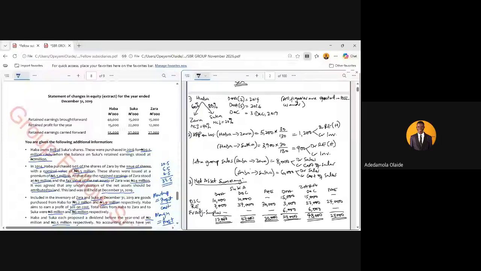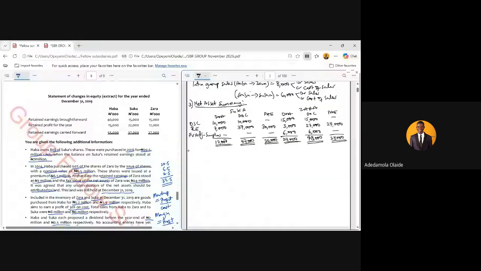Okay. Having done this, after doing the net asset summary, we proceed to calculating goodwill, for Suka and Zara. So how do we calculate goodwill? Purchase consideration.